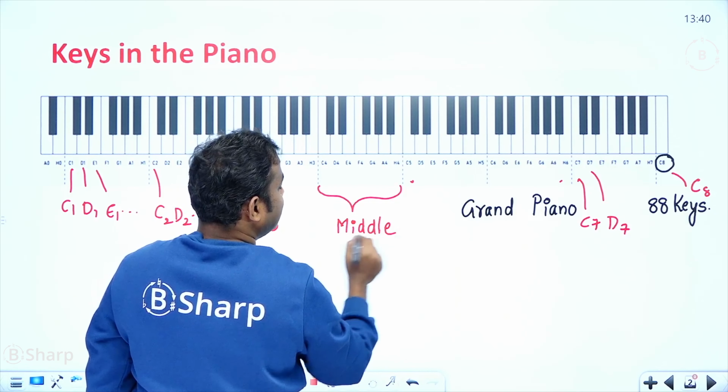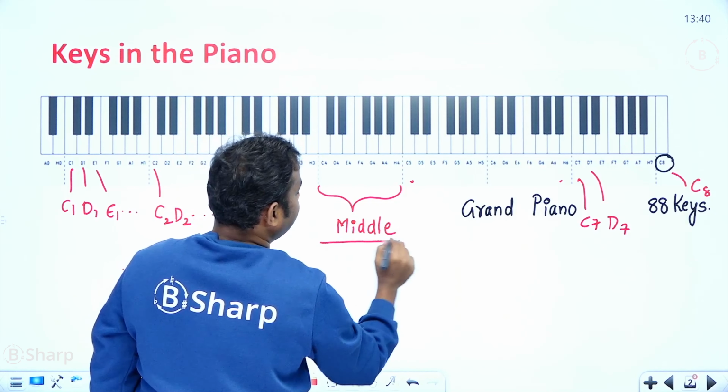This is the center, so this middle octave is the center. For this middle octave, C4 is the middle C. Usually we are dealing with this as a grand piano model.